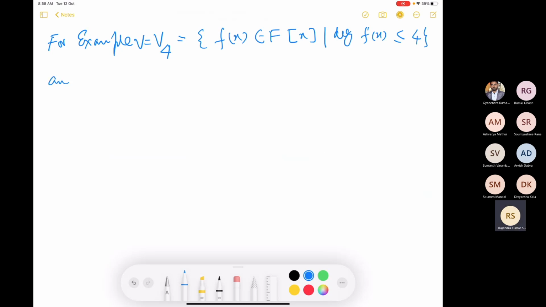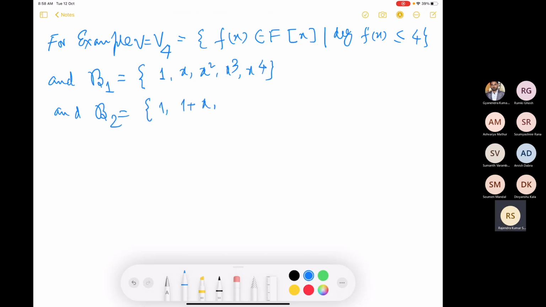And take B1 as the standard basis. So this is 1, x, x square, x cube, and x4. And another basis that you can also prove, we had already proved actually, 1 plus x square, 1 plus x cube, 1 plus x4.